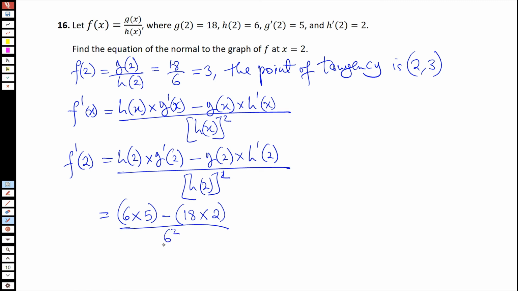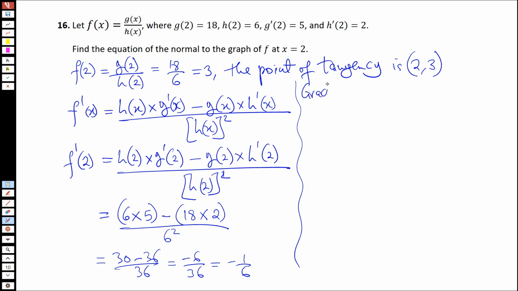So this will be 30 minus 36 over 36, which is equal to negative 6 over 36, which is negative a sixth. So what this means is that the gradient of the tangent at x equals 2 is negative a sixth.